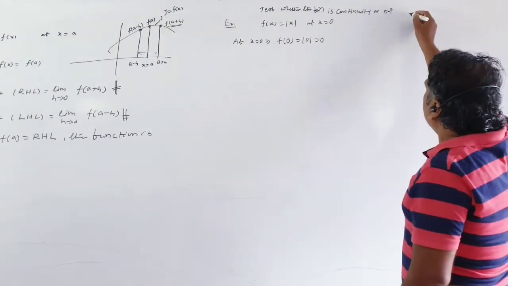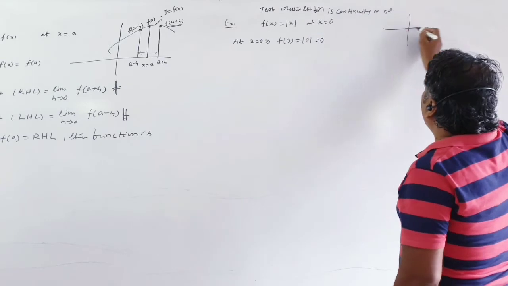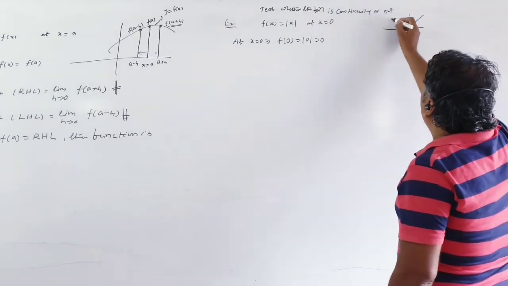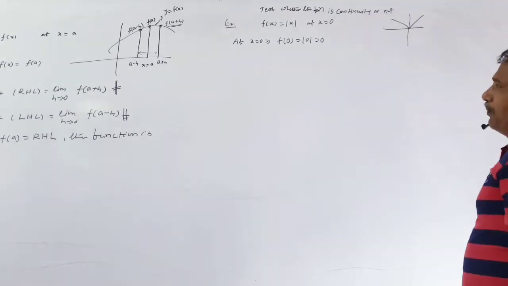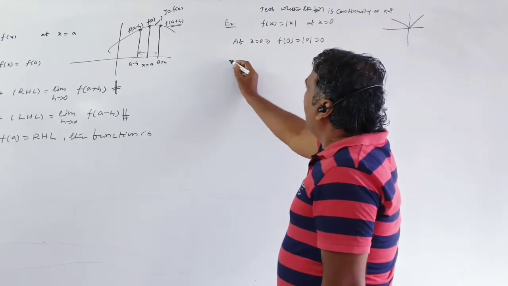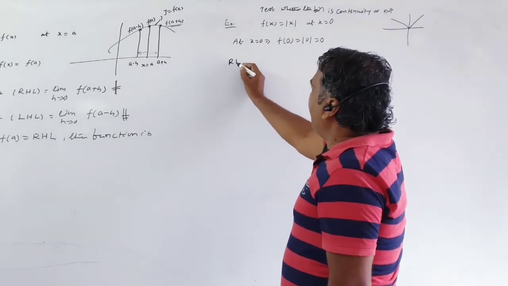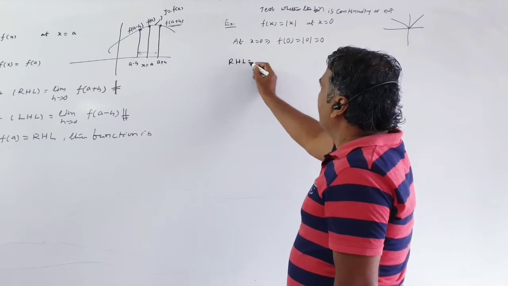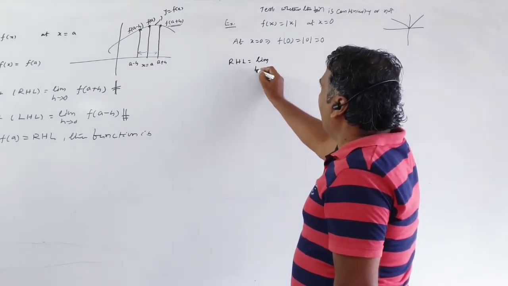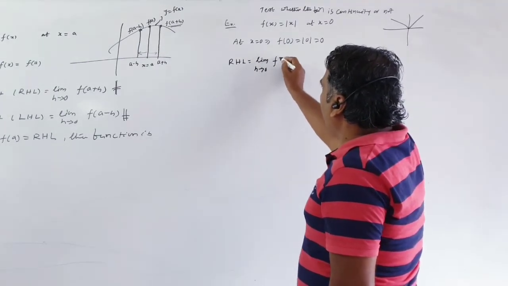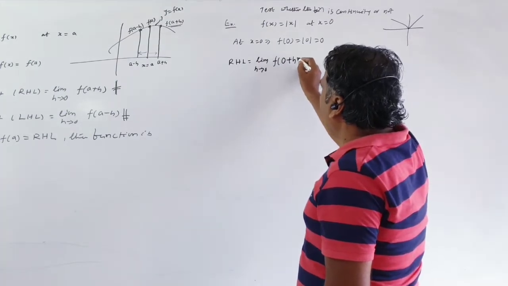We know its graph; this is a modulus function. Now this is the graph of mod x. Right hand limit: limit h tends to 0 of f of 0 plus h.